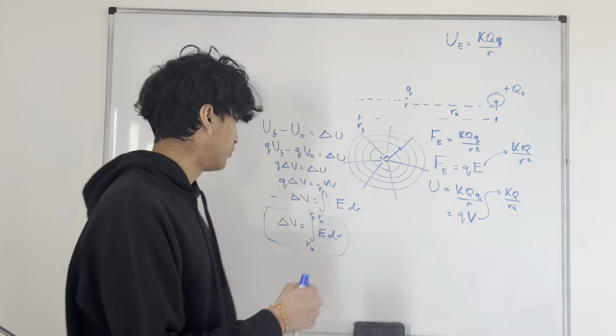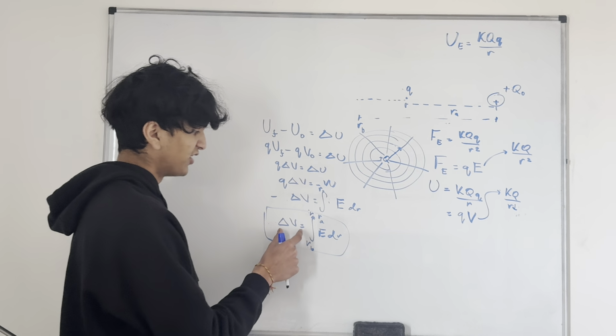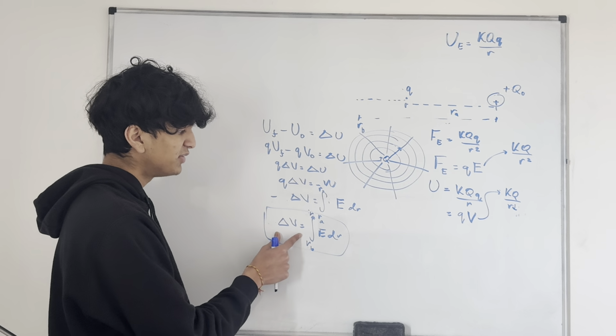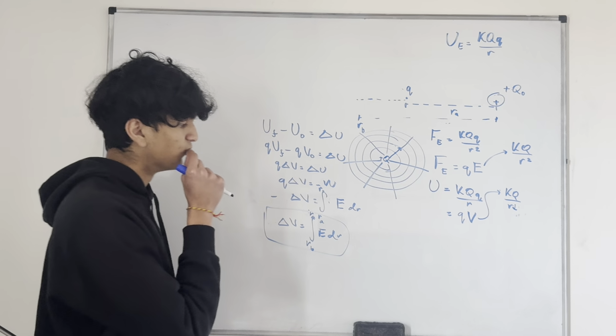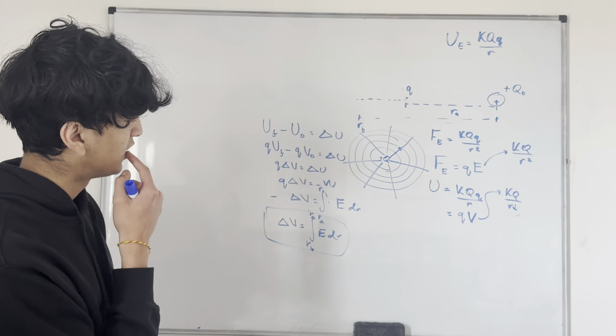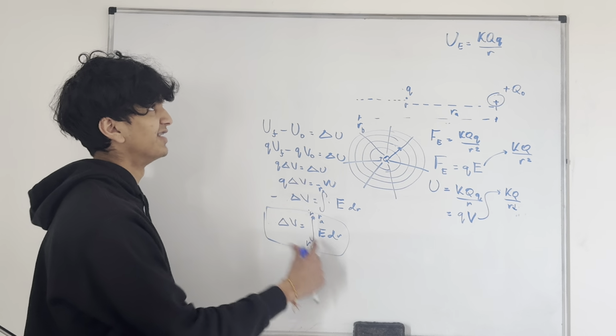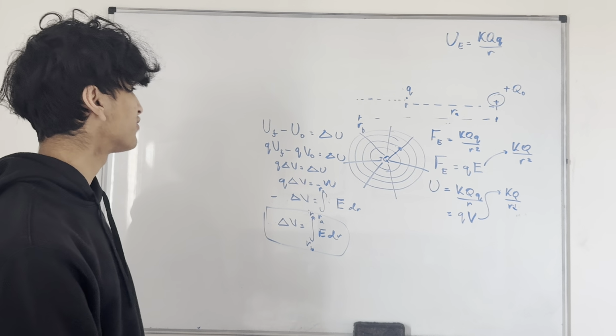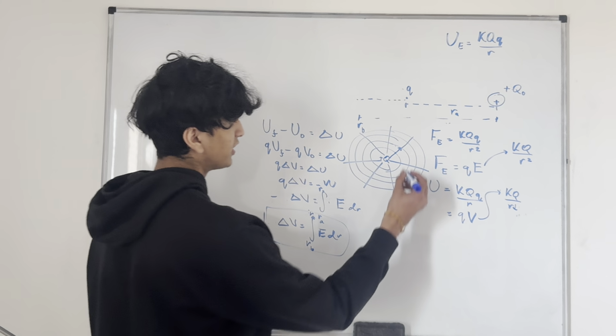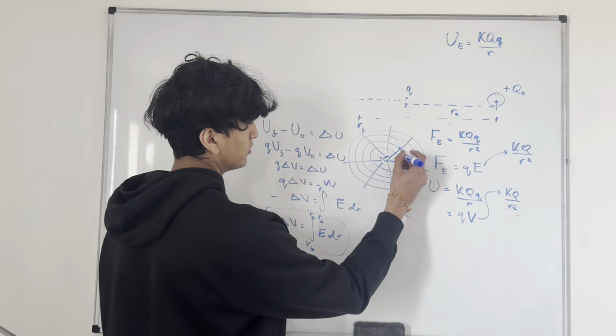A zero potential difference, in a perfect world, would mean zero electric field. But if you think about it, you can get a path like this, a circle just going back.